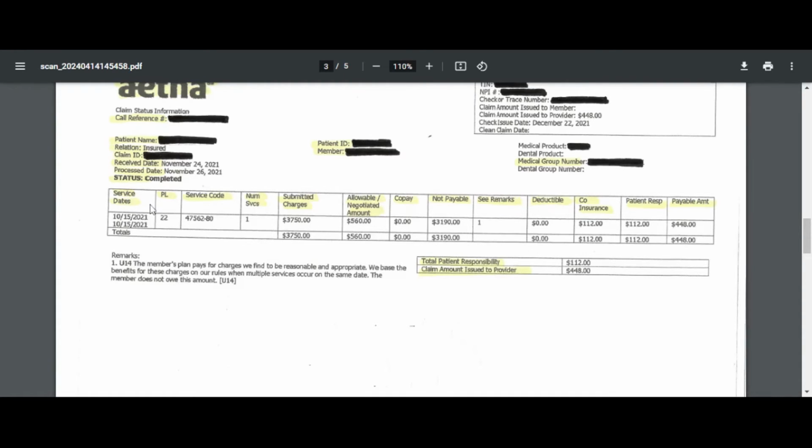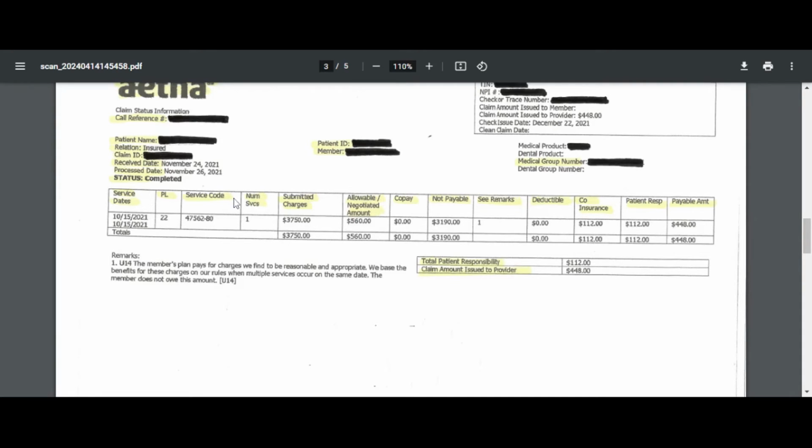So you see service dates, and it has 10/15/2021 to 10/15/2021. The place of service, which is 22, which is outpatient. Now, I may do a video about place of service, so let me know if you want me to do something like that. But you normally see where the place of service is because that determines certain things.